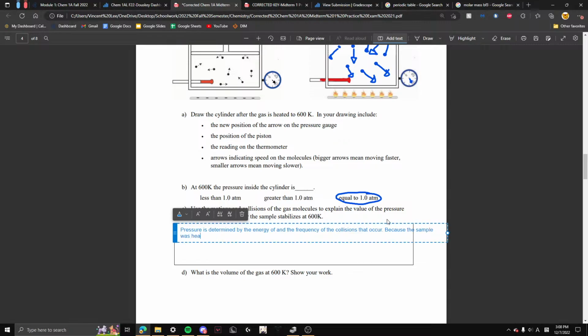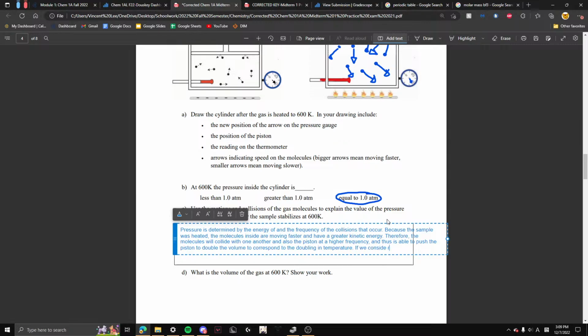Because the sample was heated, the molecules inside are moving faster and have a greater kinetic energy. Therefore, the molecules will collide with one another and also the piston at a higher frequency, and thus are able to push the piston backward, causing the volume to double to correspond to the doubling in temperature.